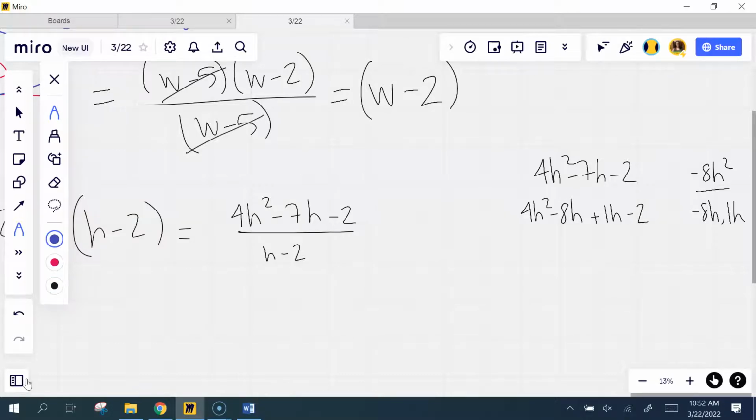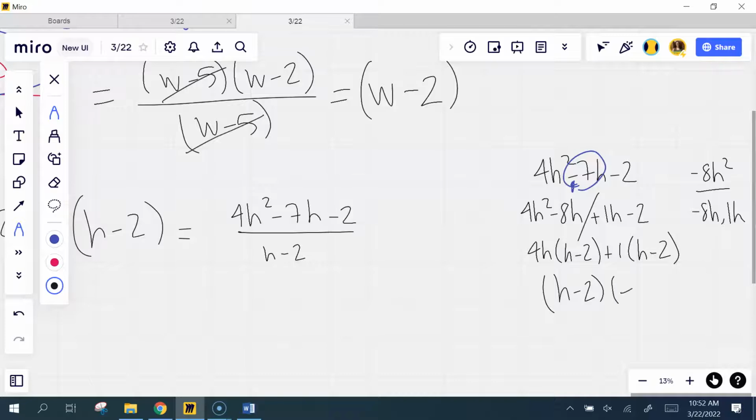Look at the middle, they have to add to a negative, so I need to make sure the bigger one's negative. So this should factor for you as h minus 2 times 4h plus 1.